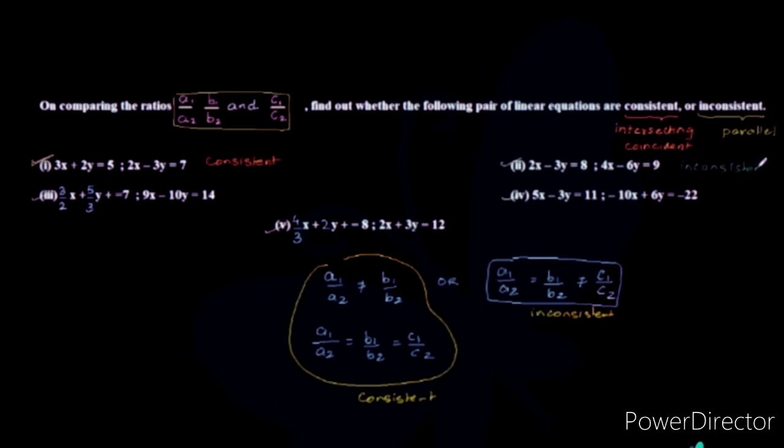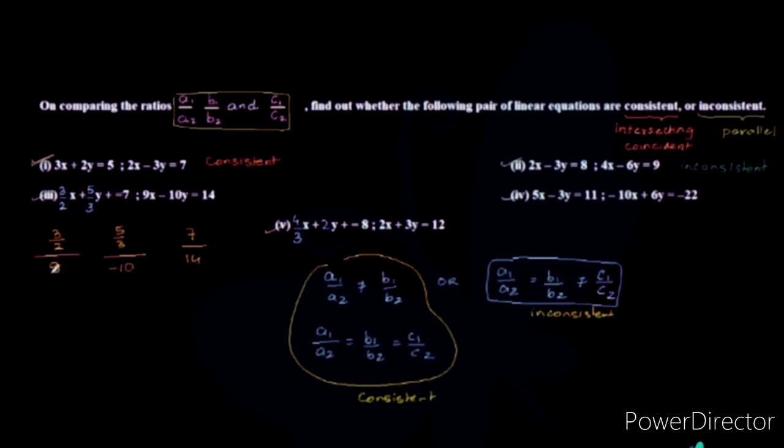What about the third one? In the third one, guys, we have 3 by 2x plus 5 by 3y and so on. a1 upon a2 is 9, b1 upon b2 is negative 10, c1 upon c2 is 7 by 14. Let's reduce things which can be reduced.